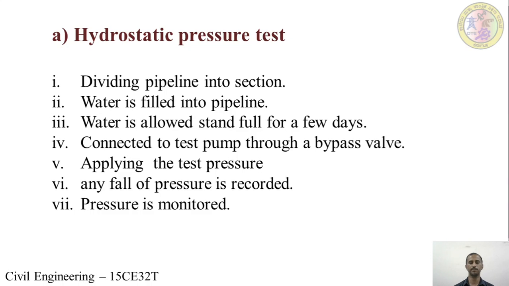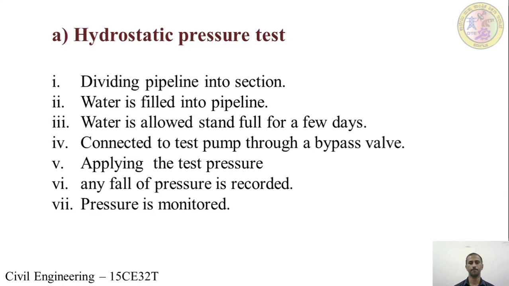Once the test pressure is reached, the pump is removed and any fall in pressure is noted. If there is no fall in pressure, then the entire pipe section is said to be in good condition. If there is any fall in pressure, then the points of leakages and water tightness of the section is rechecked.